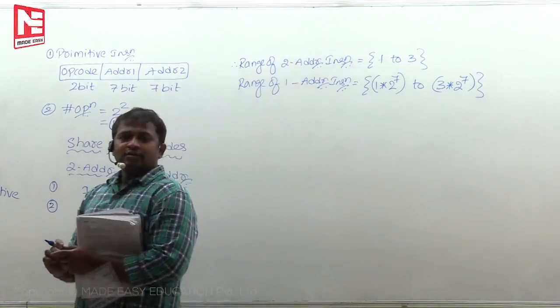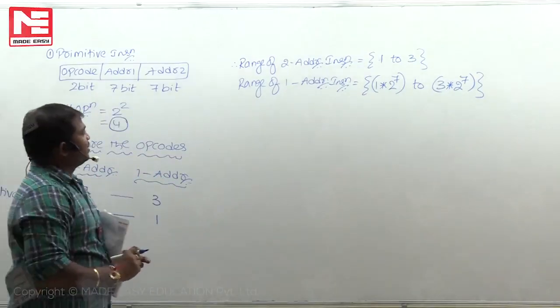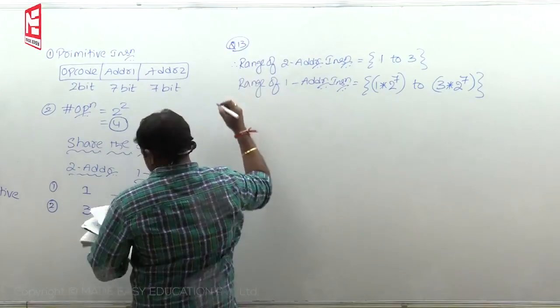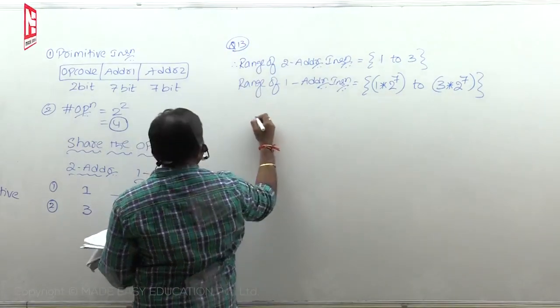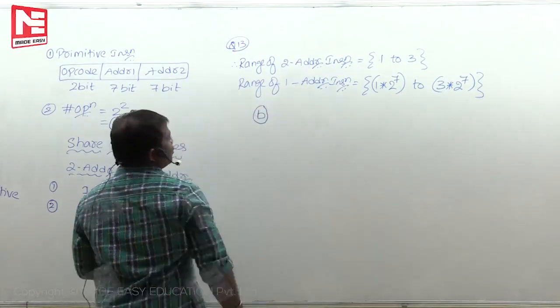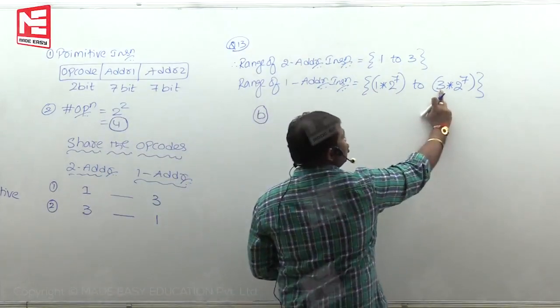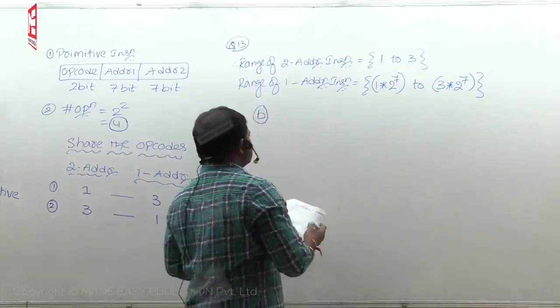Okay? So that is the answer to the 13th question. Select option B. Minimum free opcode is 1, merged with address. Maximum free opcode is 3, merged with address.